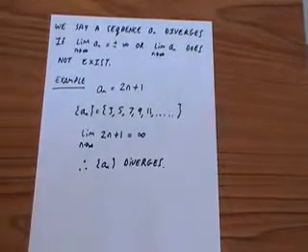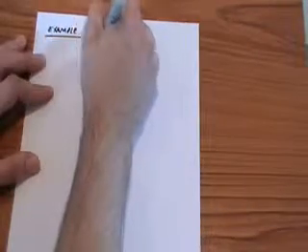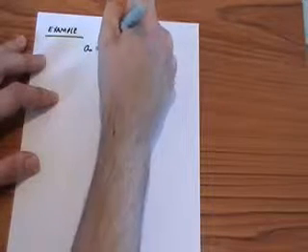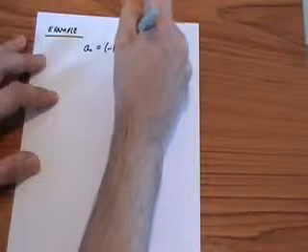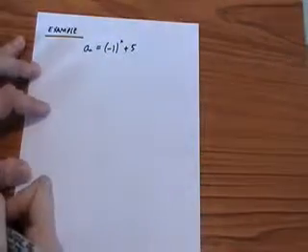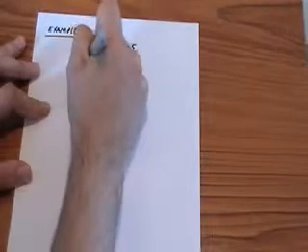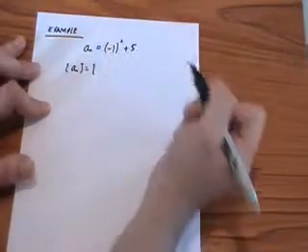Okay, so let's have a look at another example. This time let's consider the sequence a_n where the nth term is given by minus 1 to the n plus 5. And just like the last example, we'll start off by writing out the first few terms of the sequence.